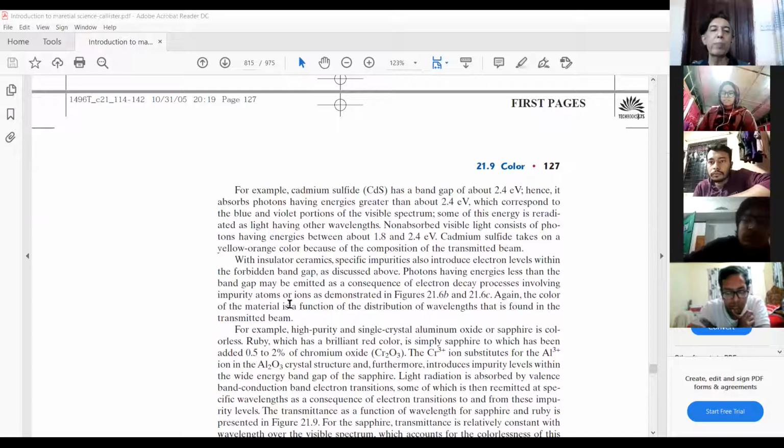Again, the color of the material is a function of the distribution of wavelengths found in the transmitted beam.